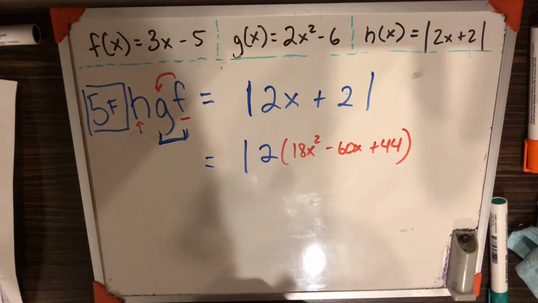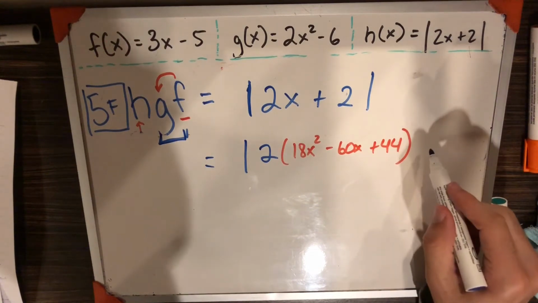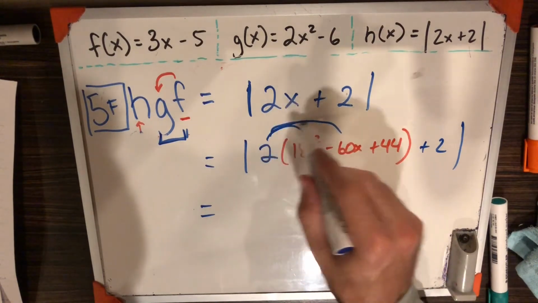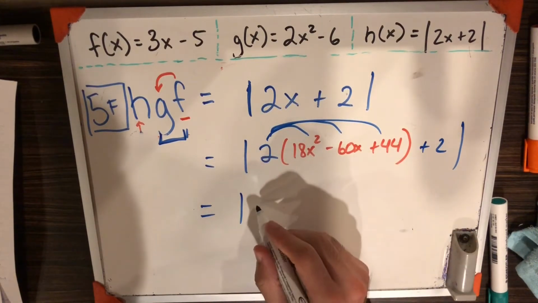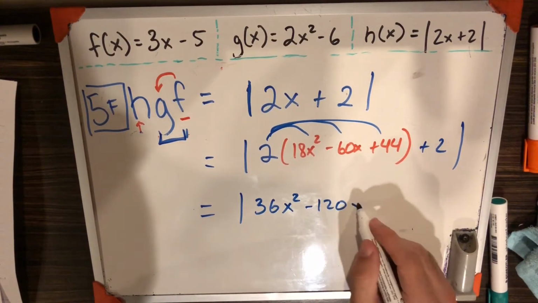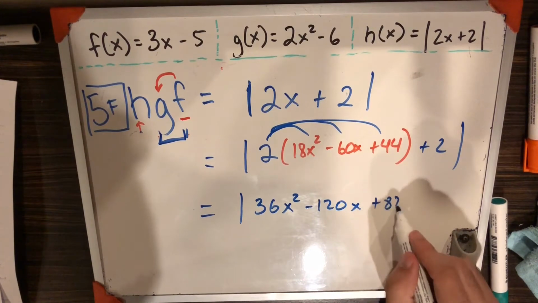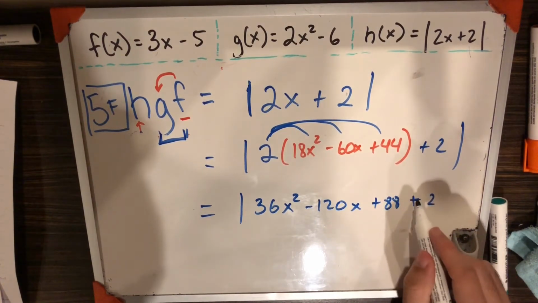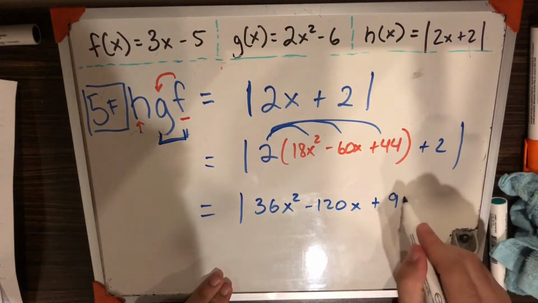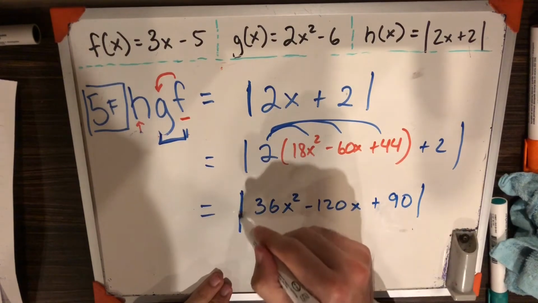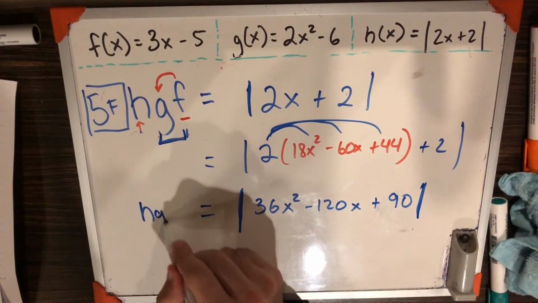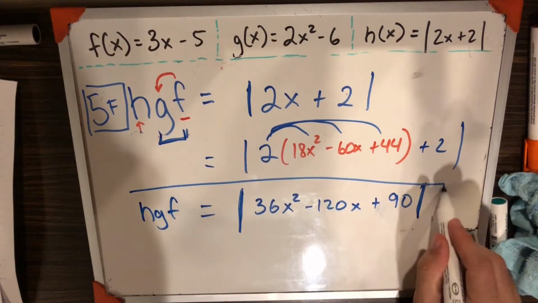I replaced that for x. Okay, let's simplify as much as we can. We end up getting here 36x squared minus 120x, and then plus 88, plus 2 at the end. 2 plus 88 ends up being 90. Okay, again, we cannot simplify this any further. So h of g of f is equal to this.